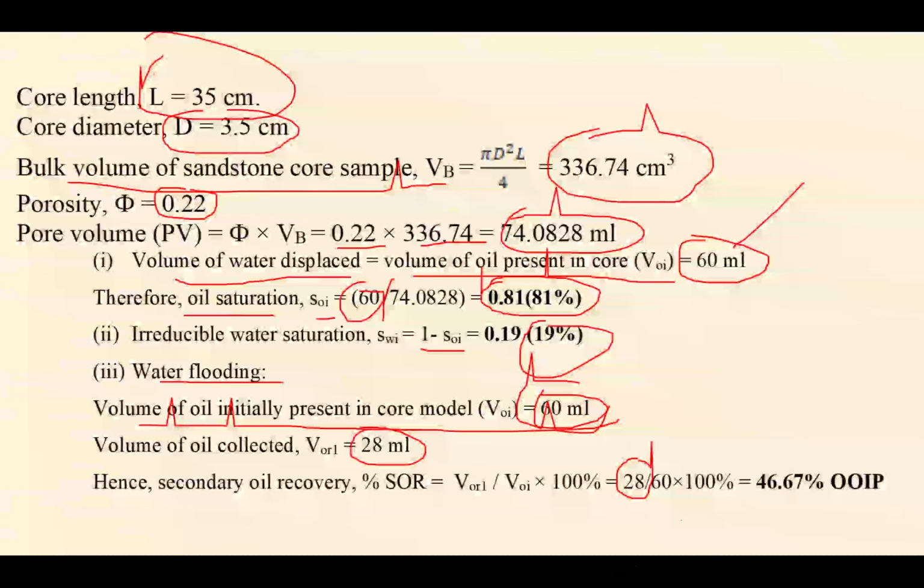So divided by 60, and if we convert into percentage, this is 46.67% of original oil in place. So this is the recovery by water flooding, by secondary oil recovery. That is around 46 or 47%.